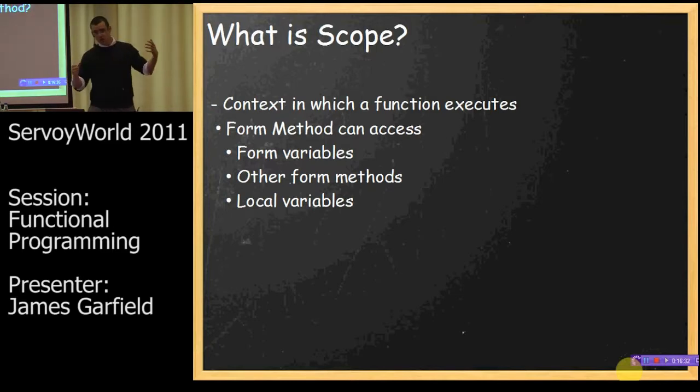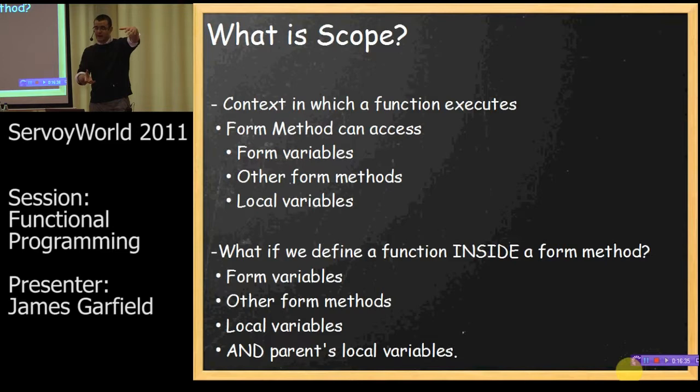If you have a function on the form, and then you define another function inside of it, that inner function can access everything the outer function can: the form variables, other form methods, local variables, and it has access to the parent's local variables. So if the outside function defines a variable A, the inside function can also access and modify those variables as well, which seems to make sense.